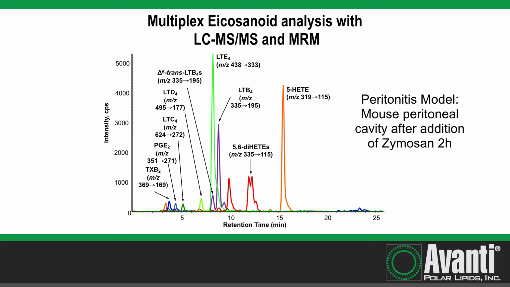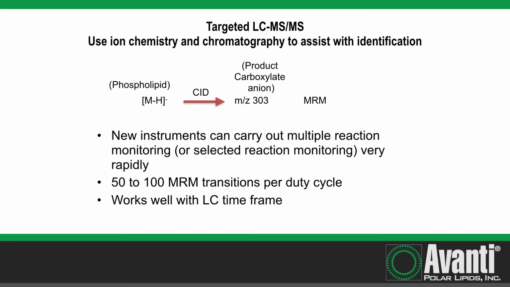So this example of all of the icosanoids coming out of the peritoneal cavity of a mouse that has been treated with zymosan. And so you can measure in one experiment, you can see you can measure 10. We typically actually analyze 25 to 30 different icosanoids, so we get a broad picture of those metabolites for arachidonic acid.